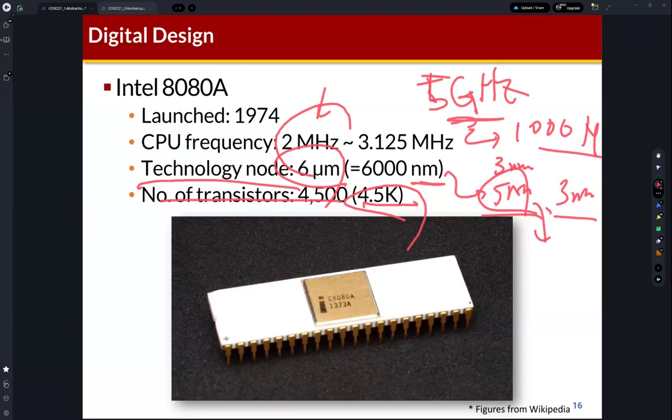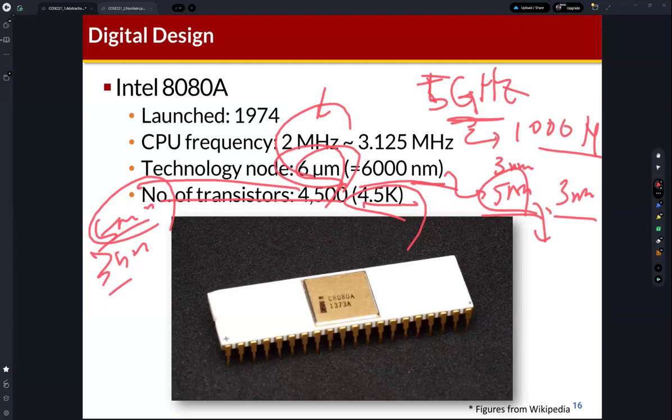Recently, TSMC used 3 nanometer or 5 nanometer technology. It's a very small number, so it means that this technology is a high technology. But in 1974, the technology node was 6 micrometer, and as you can see, this is 6,000 nanometer.